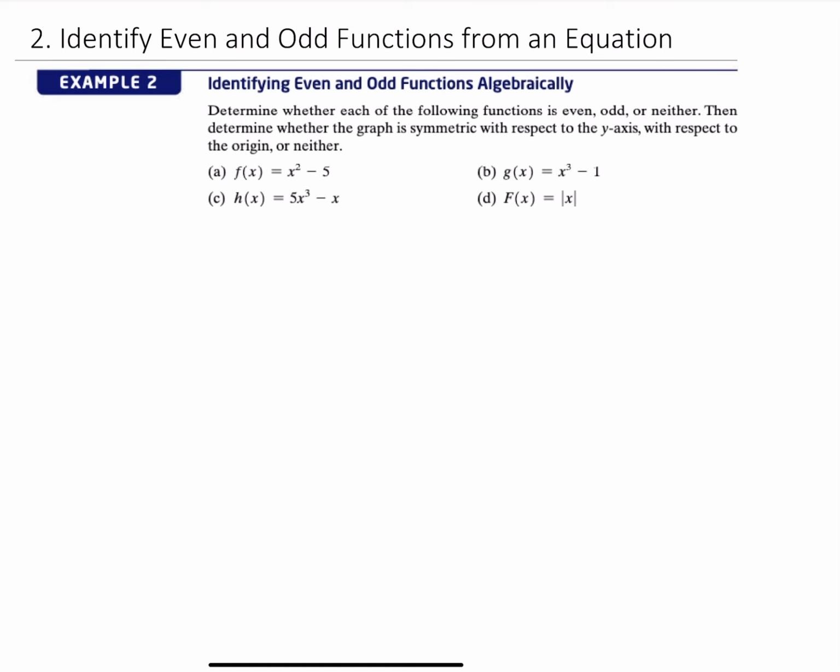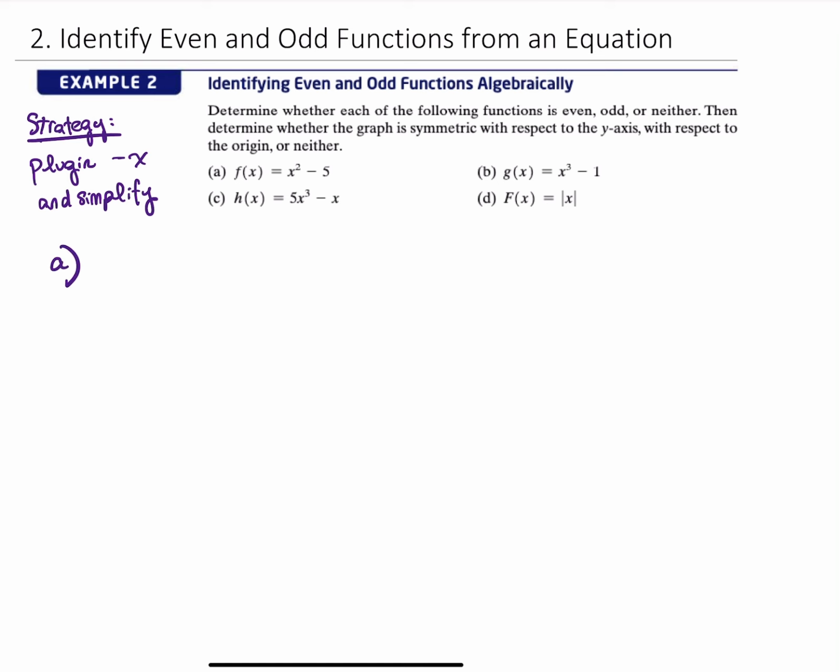My strategy here is to plug in negative x to find f of negative x and simplify, and then see if we get that kind of behavior where if we get the original function back, then it will be even, and if we get the negative version of the function, then it will be odd. So let's see what a few of these will look like.